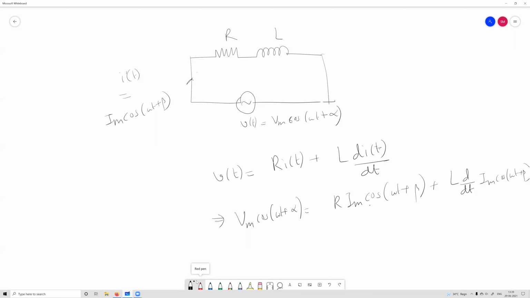Is it okay to write this? The voltage part is okay, no problem. The resistor term is also okay. It will remain the same, but we have to do the derivative of the second part.